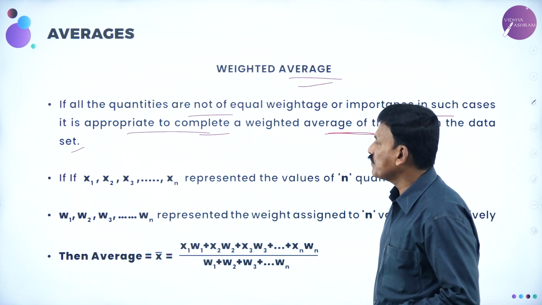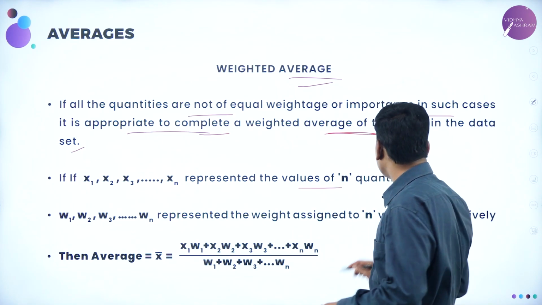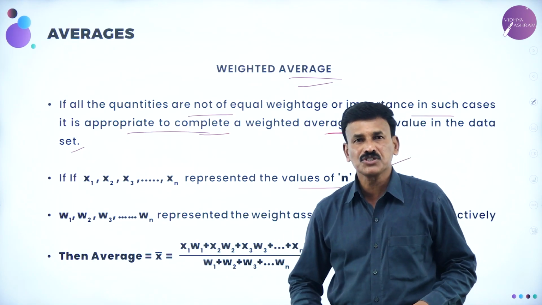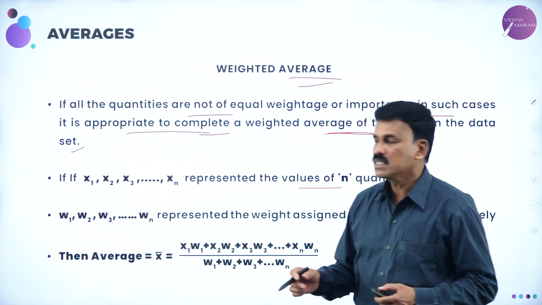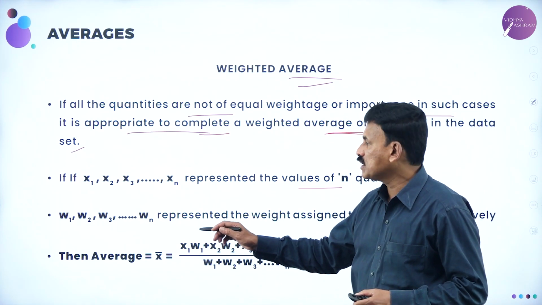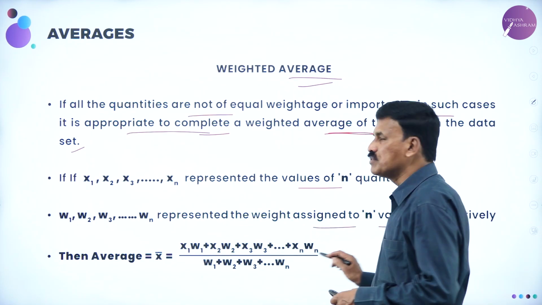Suppose, let us consider x1, x2, x3, etc., xn represent the values of n quantities, and w1, w2, w3, etc., wn represent the weights assigned to the n values respectively.